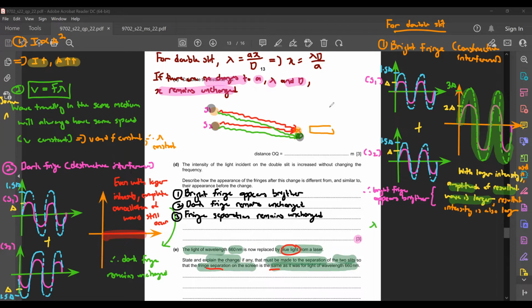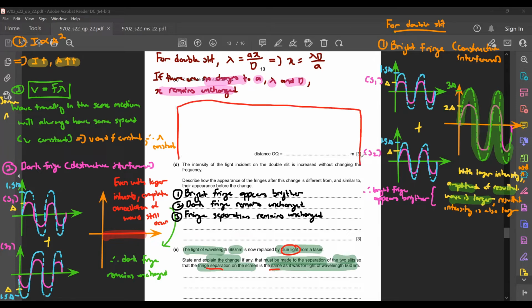Now, if you remember the wavelength of visible light, maybe I write it here. You guys remember the wavelength of visible light? Wavelength of visible light is from 400 to 700 nanometer. And then for visible light, you have those 7 different colors, ROYGBIV.